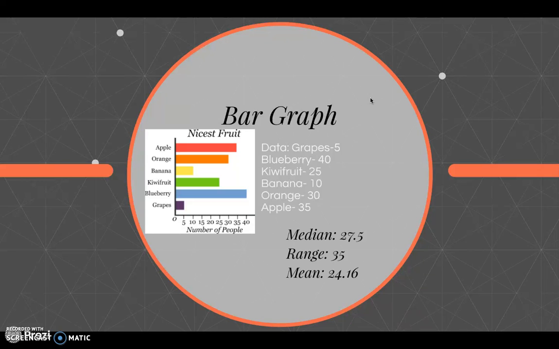The median on this problem will be 27.5, the range is 35, and the mean is 24.6. For this example, I didn't include the mode because there isn't a number that is repeated more than once.